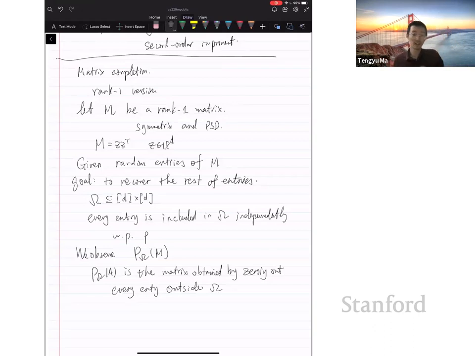So you get this matrix A, and everything that is not in omega, you make those entries 0, and you are given this sparse matrix P omega of A. So we observe P omega of M, and our goal is to recover M.